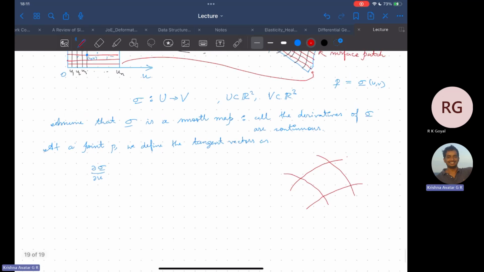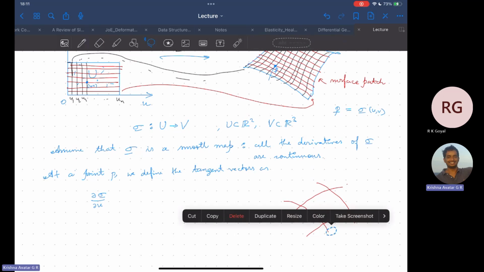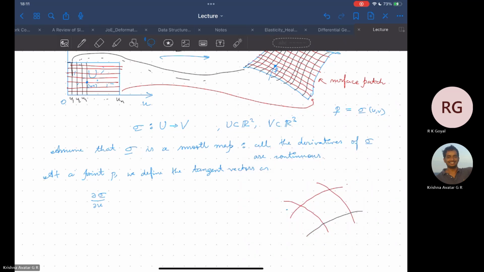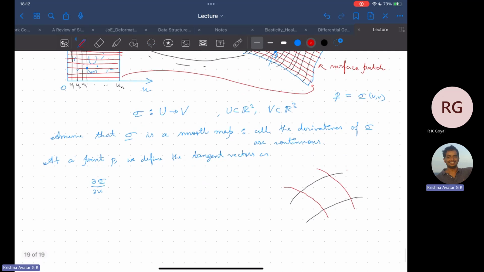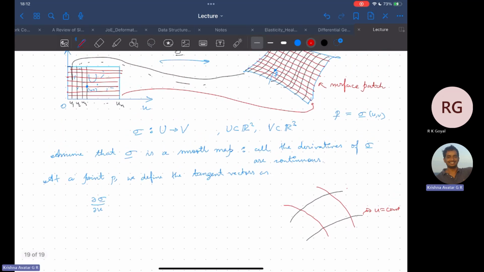So u is equal to constant is black, and this is the other color. So these are u is equal to constant coordinate lines, and these are v is equal to constant lines.